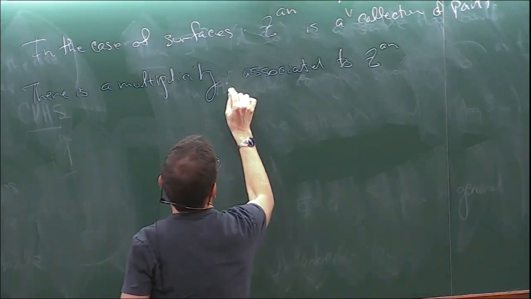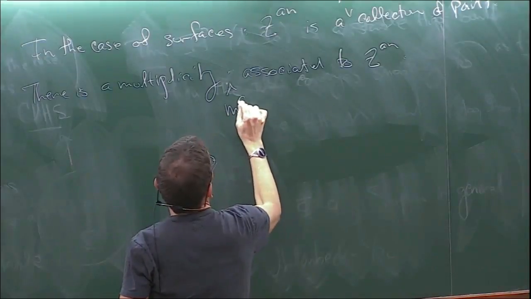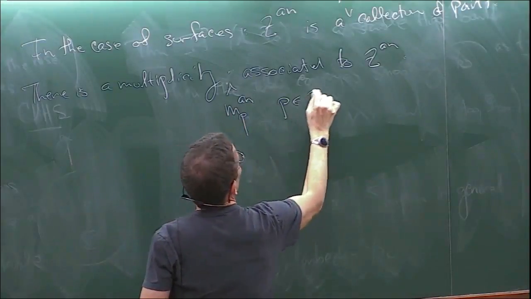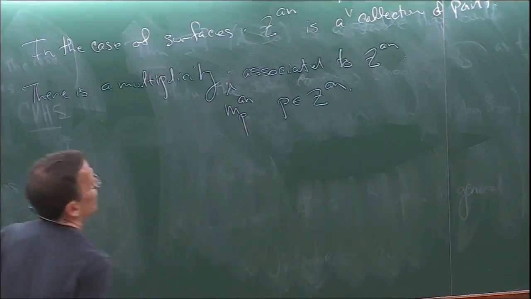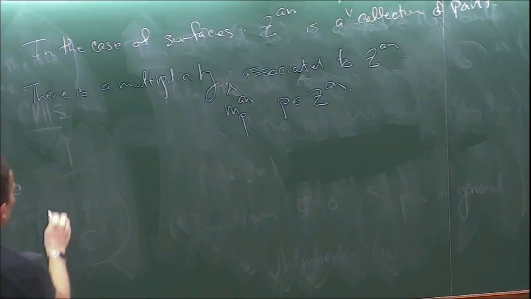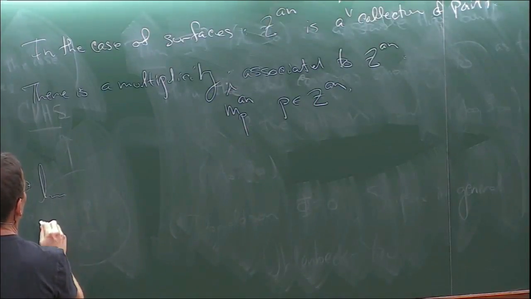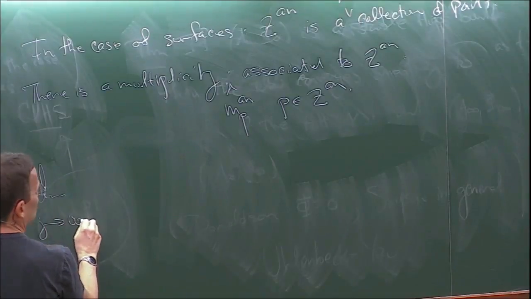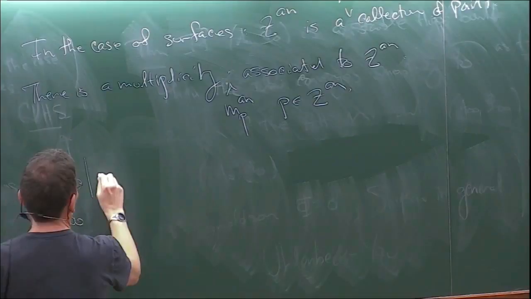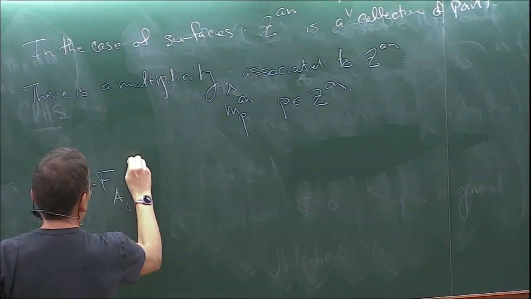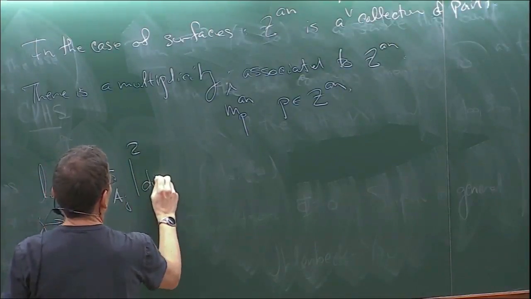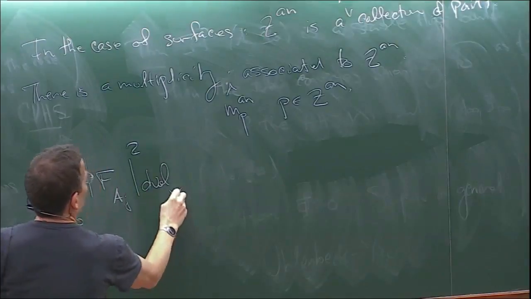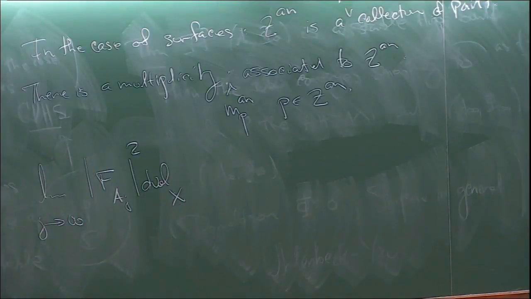And so multiplicity, let's say m_p for p in Z analytic. And it's cooked up in such a way that if I look at the limit as j goes to infinity of the measure, the energy density of the Yang-Mills equation, if you like.